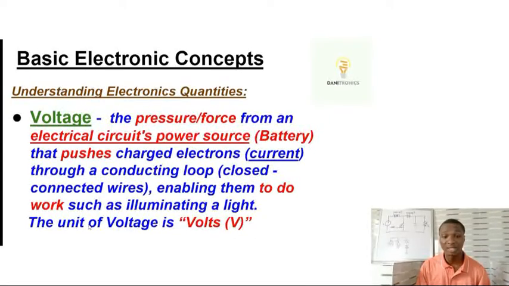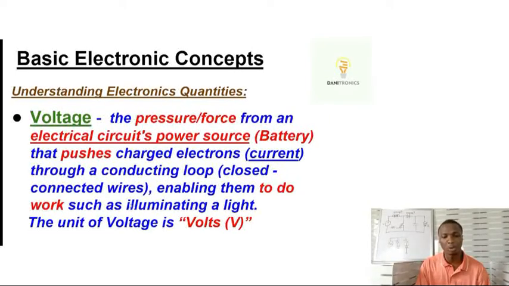Now in electrical design or electronics design, we will be referring to some quantities by their units. The unit is just the measure, like an evaluation of the magnitude of that quantity. So here voltage is seen as volts, the unit of voltage rather is volts. So I come again, voltage is just talking about that force you apply, or that force that pushes electrons or electric charges out of a power source, could be battery or any other power source, enabling them to do work.